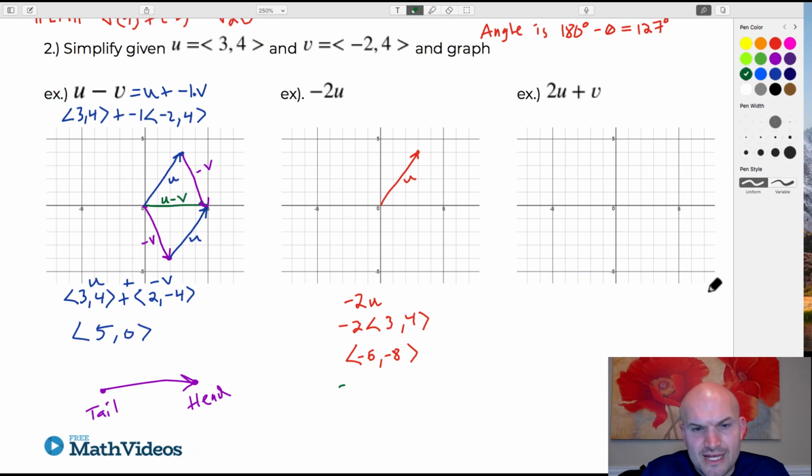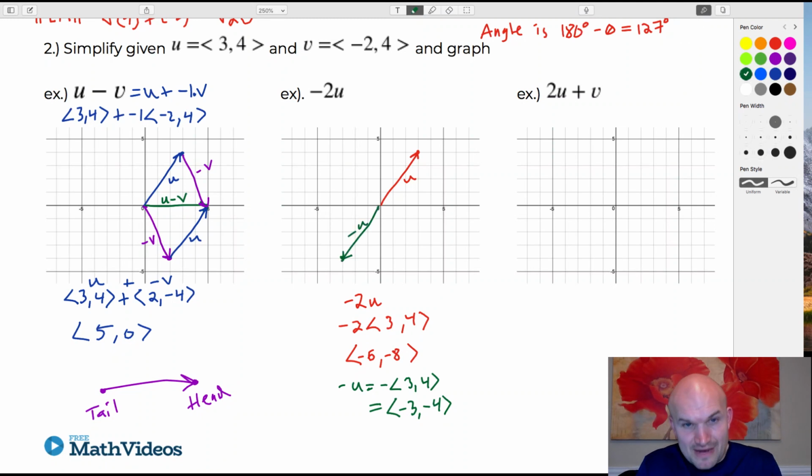So negative u would be negative 1, 2, 3, down 4. So there's negative u. And negative 2u is going to be negative 6, negative 8. So 5, 6, 7, 8.